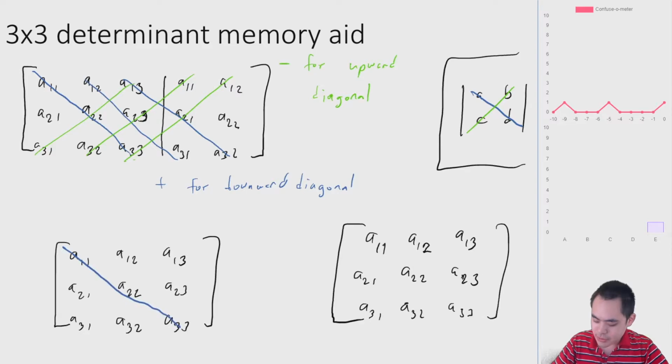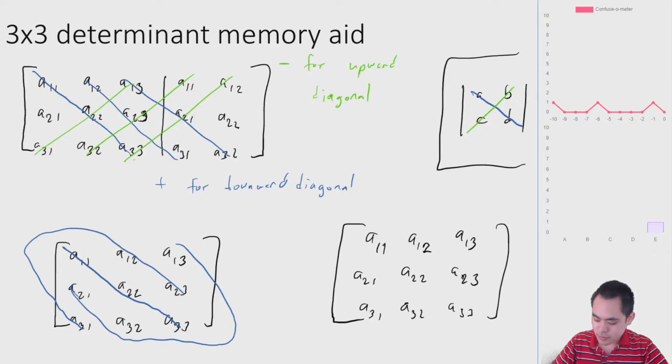So that's positive, and this is positive, and this is positive. And then you have the negatives, which are the ones that go up.